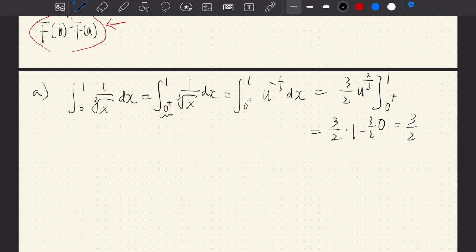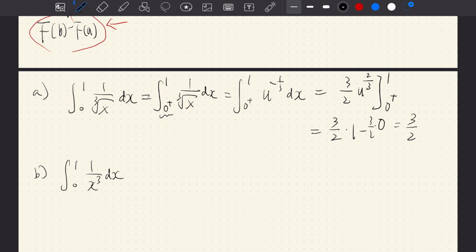So now let's look at subproblem B, where we want to integrate from 0 to 1 of 1 over x to the third dx. Now we see that this seems like it is a definite integral, but if you look closely, you can see that the integrand 1 over x to the third actually has an infinite discontinuity at 0, which is the lower limit of integration.